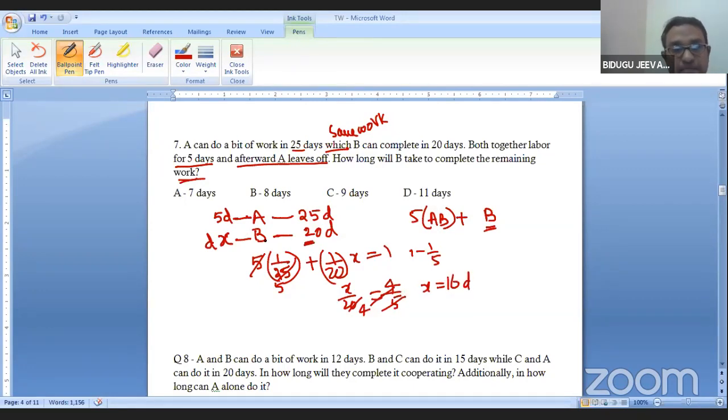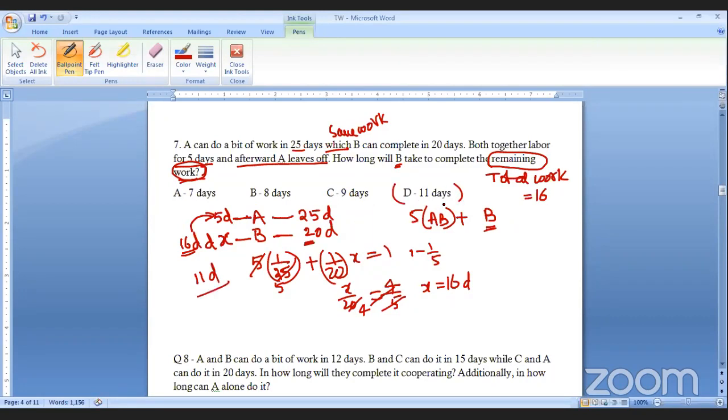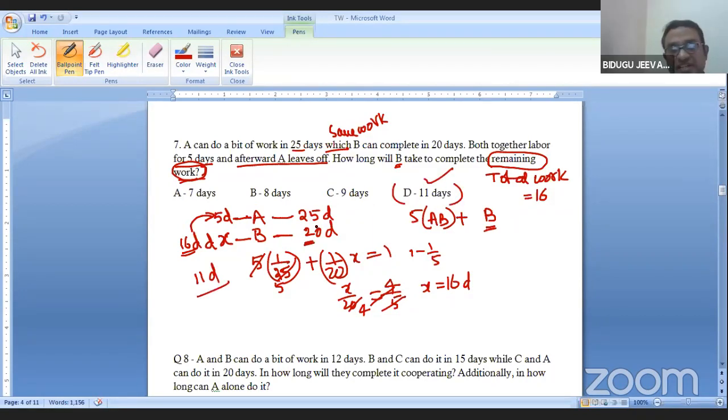See, B worked for 16 days. Suppose the question is given, how many days does B take to complete the total work? Total work is equal to 16 days. So the remaining work, in the sense that he already worked for 5 days with A, is 11 days. So try to read the sentence properly.